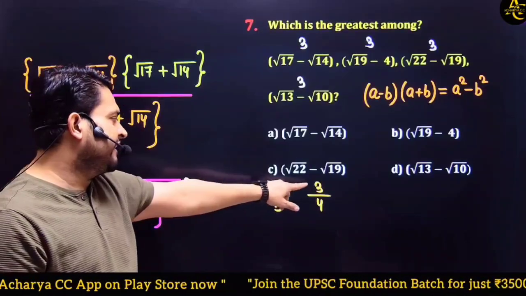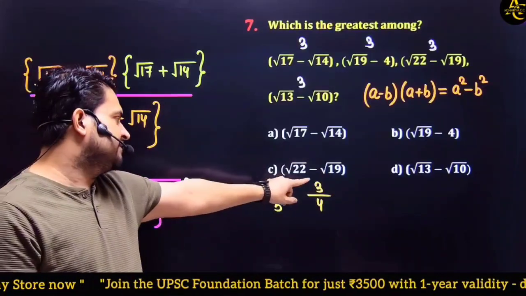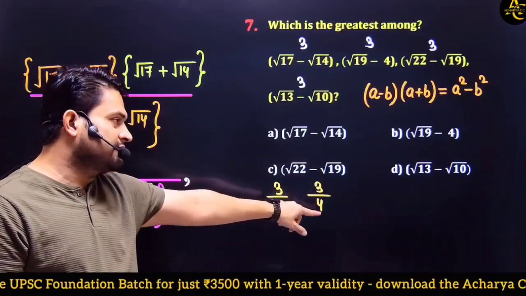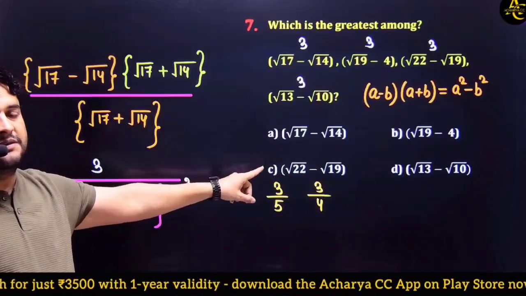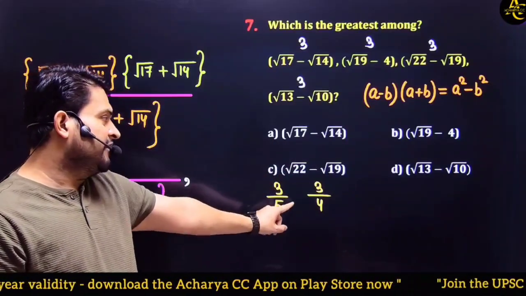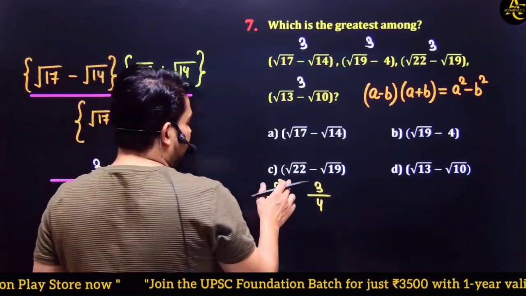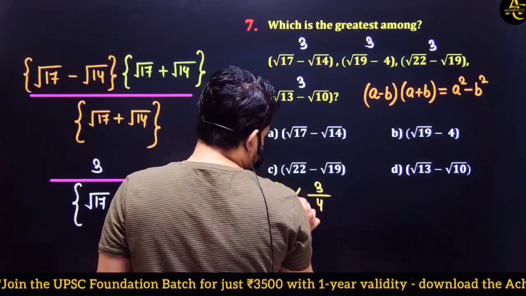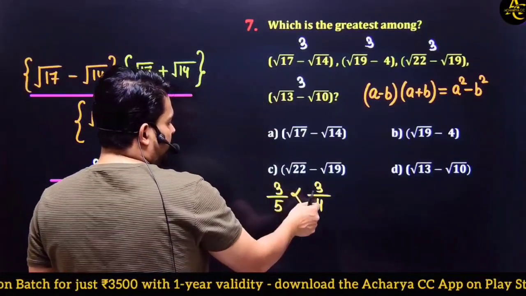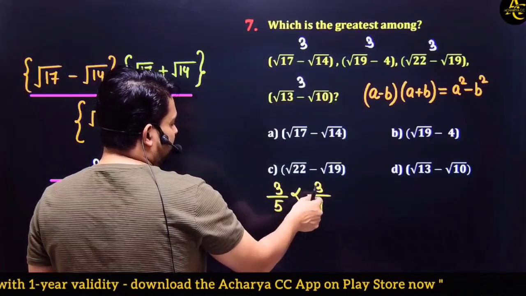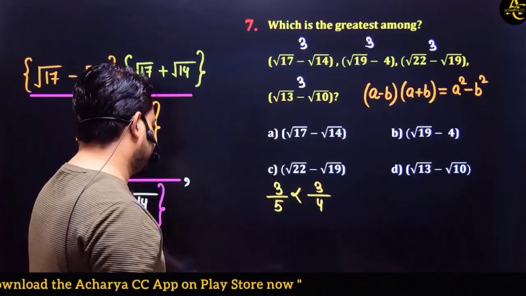If the numerator is the same and the denominator is small, then the number will be the greatest. Whose denominator is smaller will be the greatest number. Here the smaller denominator is here, so this number will be the greatest.